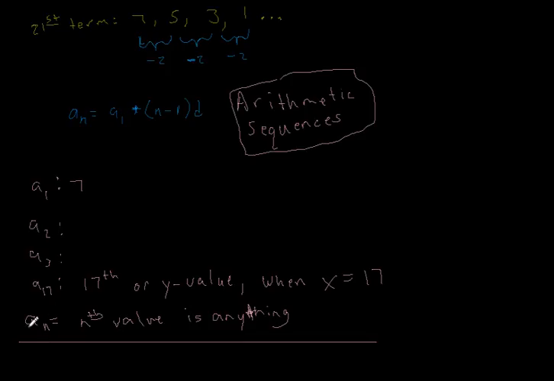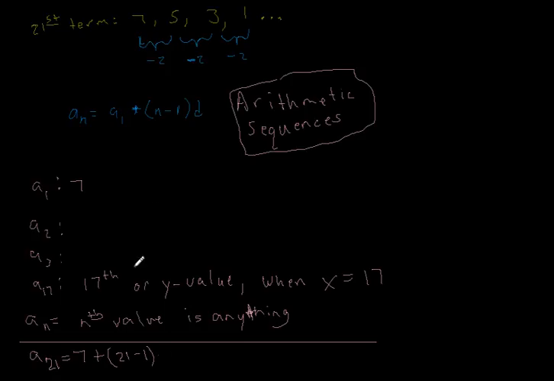Now I'm going to write the formula for the 21st term. a sub 21 equals a1, which in this case is 7, plus n minus 1 times d.